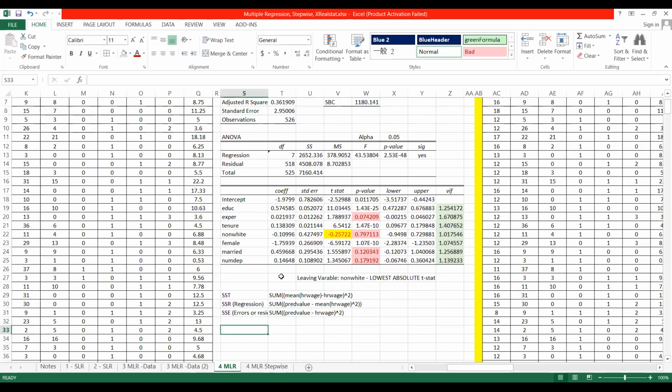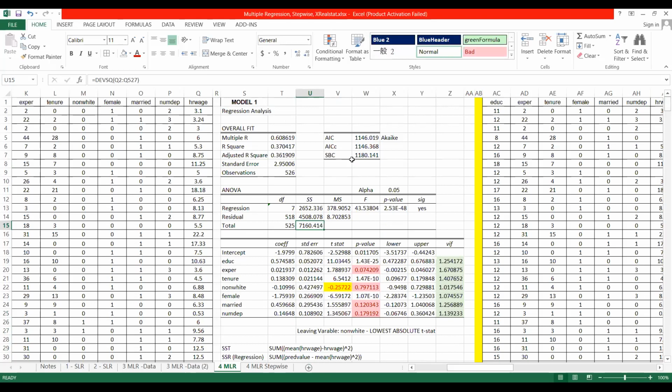Now that's very important because the higher the SSR is, the better. Because that means our regression is able to explain the variation, the total variation of your dependent variable. And we know, guys, our R squared is simply your SSR over your SST.